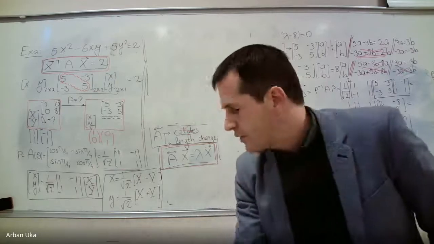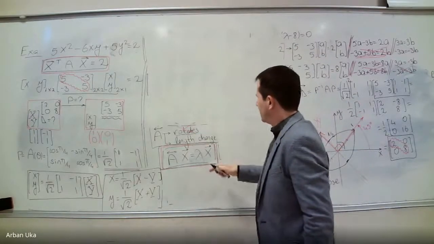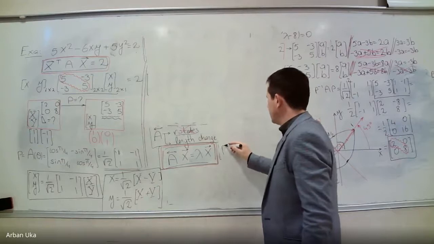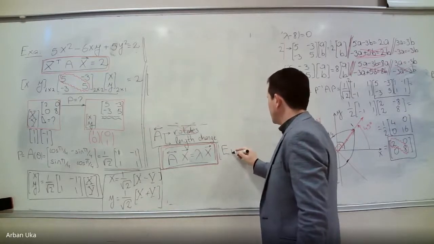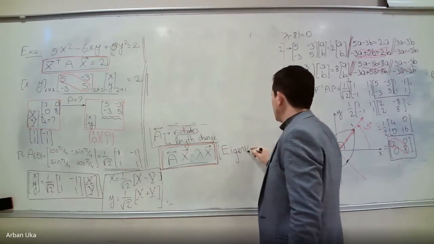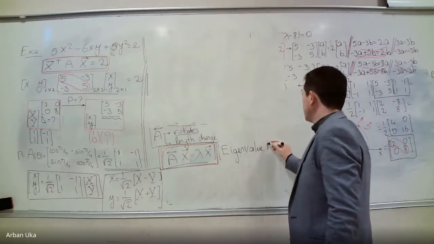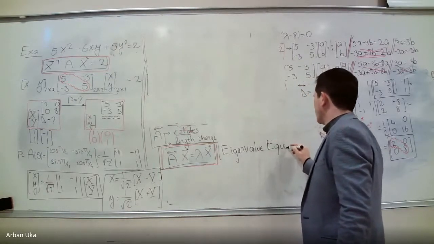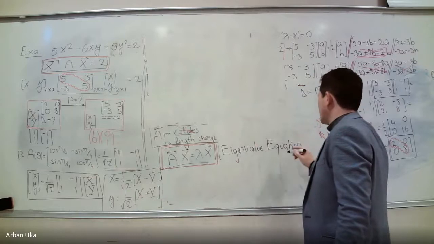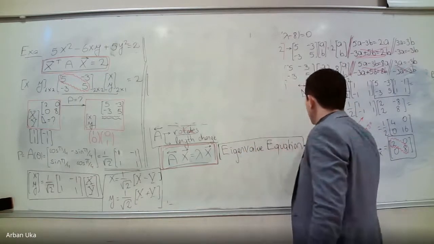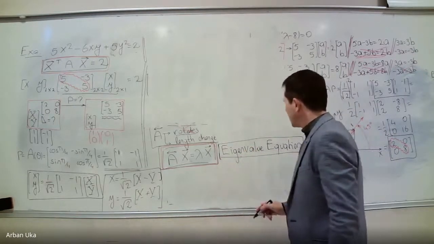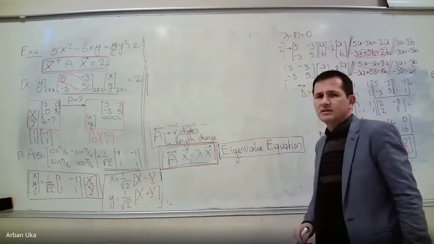So for any matrix A, we can rotate it, we can change the length, but if we have such a condition, we call this one the eigenvalue equation, which means that there are some values which are called inherent values.